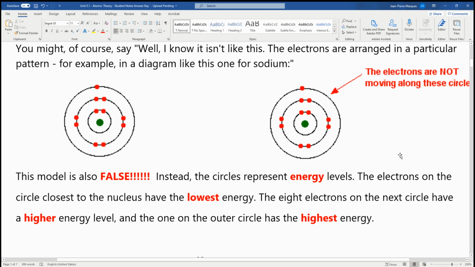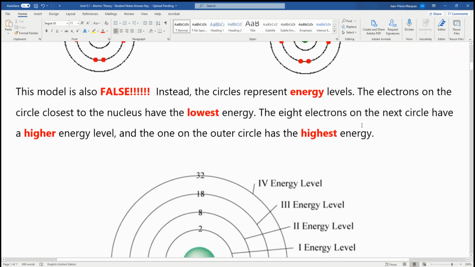And then on the third orbital, that electron has the most energy of all of those energy levels. So it's this idea that the electrons, as they get further away from the nucleus, have more energy because it takes more energy to place them there. So that part of the model does hold true, but the rest of it is false.